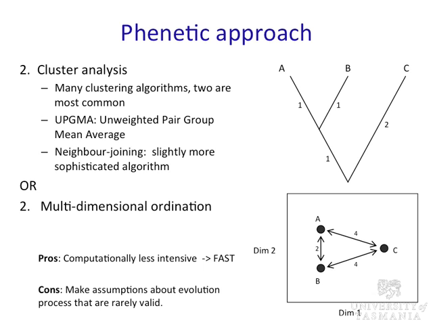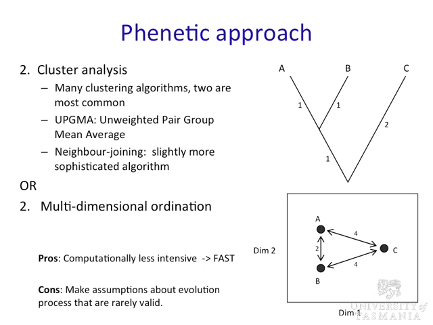The downside is that phenetics make some assumptions about the evolutionary process that are rarely valid, depending on what kind of clustering method and distance similarity method you use. The other downside of phenetic approaches is the loss of information at the start. You lose positional and mutation information from your alignment as soon as you boil it down to a single comparison between each sequence, which is what all phenetic approaches do.